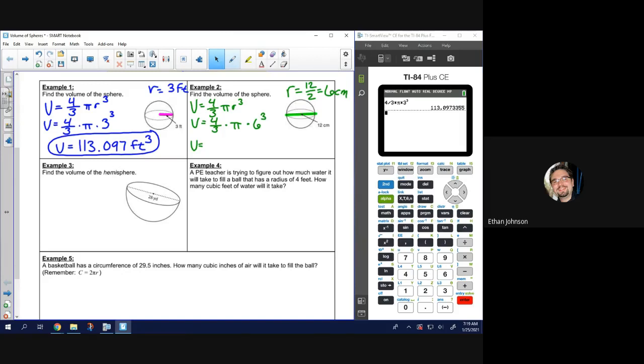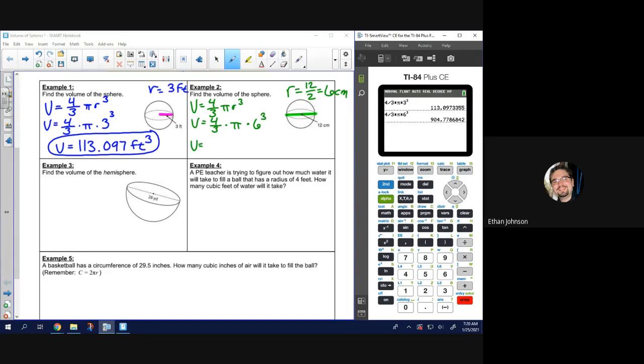So let's set that in the calculator. 4/3, so 4 divided by 3, times pi, so second the caret button, times our radius, 6 cubed. Just a caret and then a 3. Hit enter.